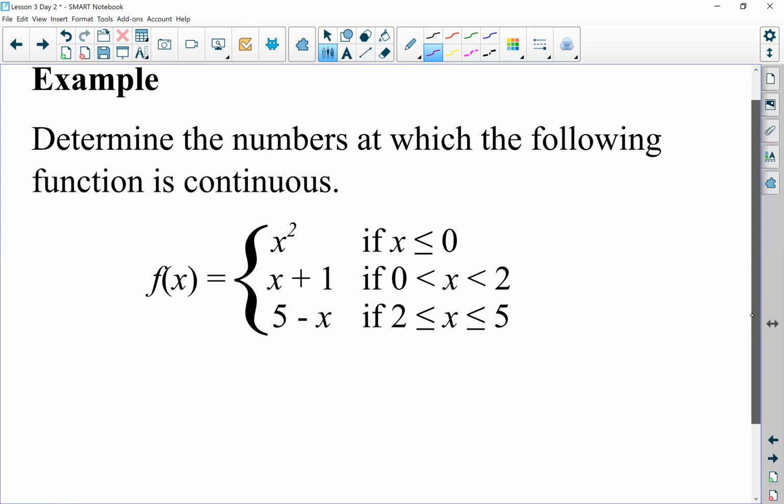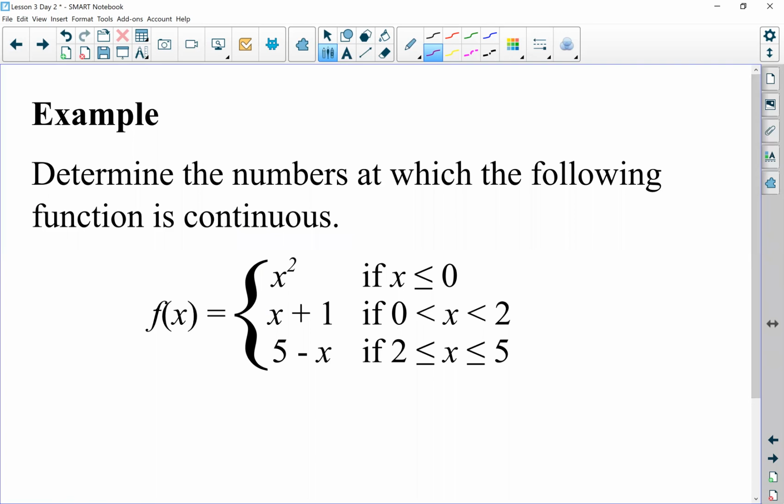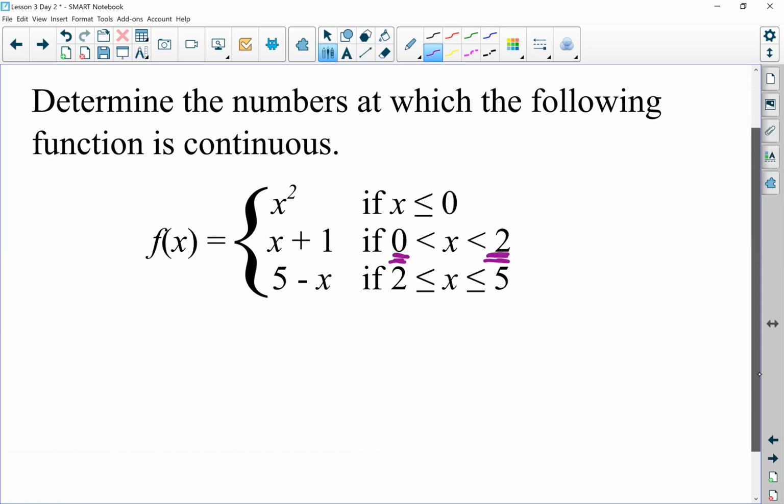So the values we're going to check for x are the values where the behavior of the function changes. So in this case, that's 0 and 2.